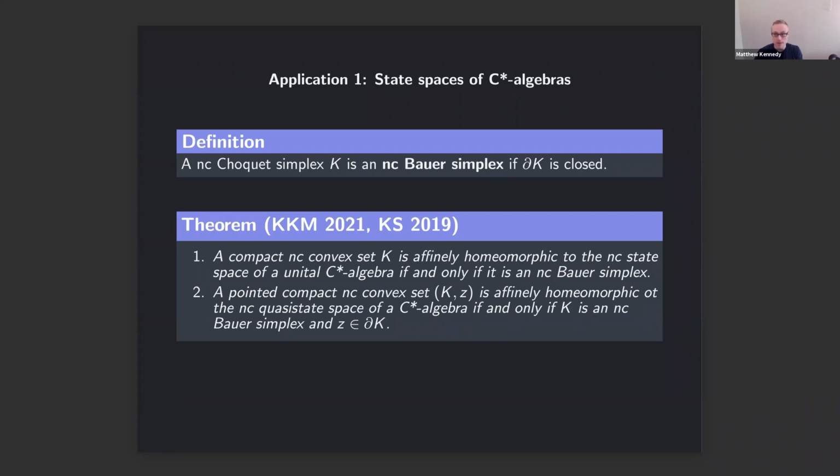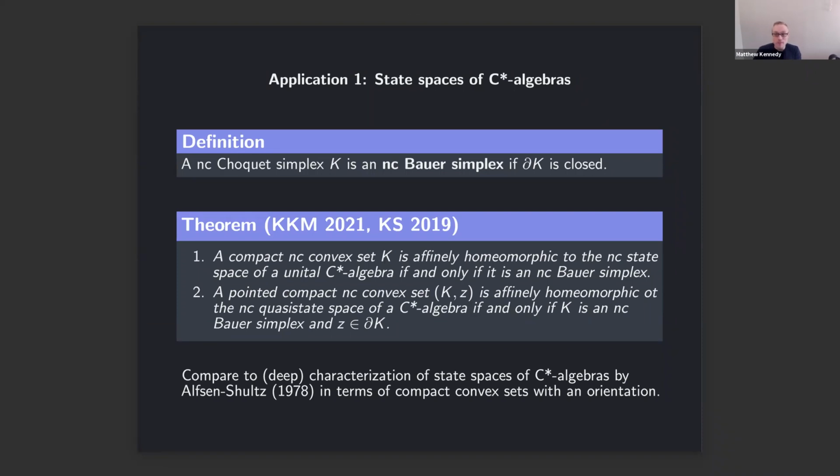In the non-unital case, the same condition needs to hold for the NC quasi-state space, and in addition, the point Z0 should be an extreme point. So this gives us a very nice and natural characterization, analogous to the commutative characterization of state spaces of C-star algebras.